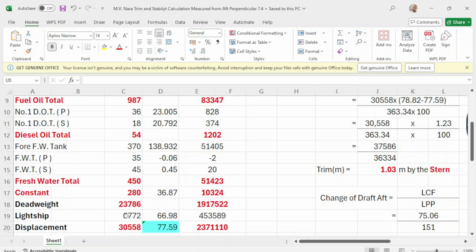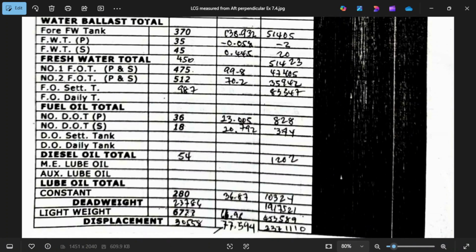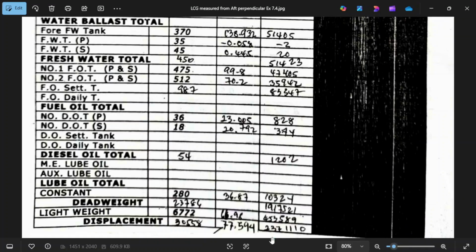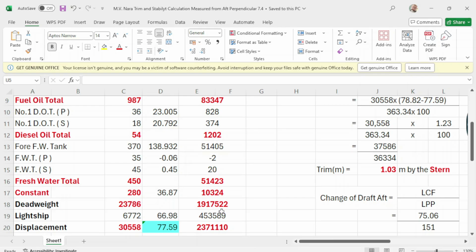And your deadweight is 23786, and the LCG moment is 1917522.